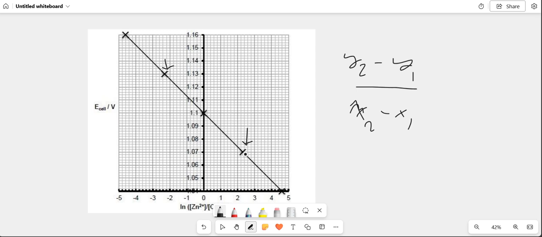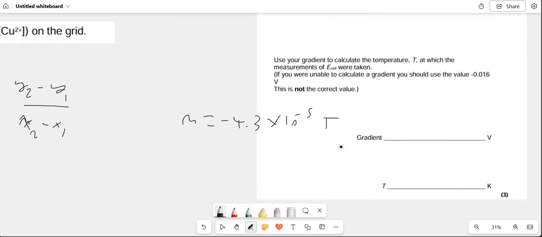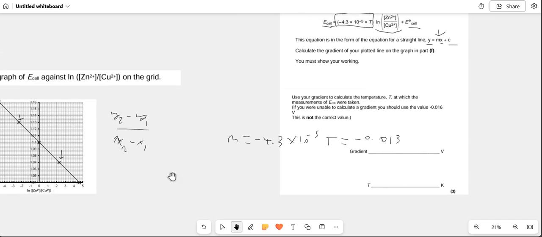Take the x and y coordinate there, take the x and y coordinate up there, do the second y coordinate minus first y coordinate, over second x coordinate minus first x coordinate, and you get a gradient. The gradient that you're going to get apparently is minus 0.013. It's going to be negative obviously because it's going down, so it's a negative gradient.